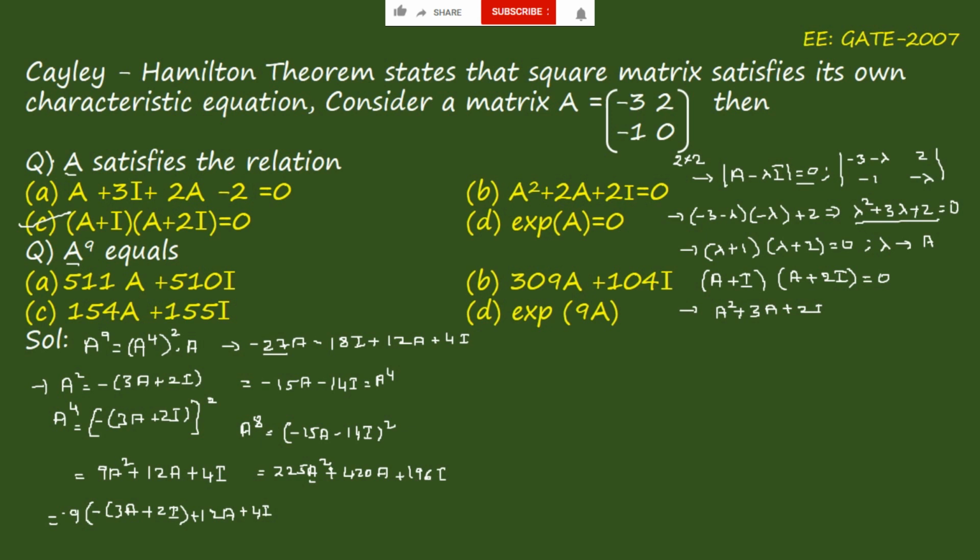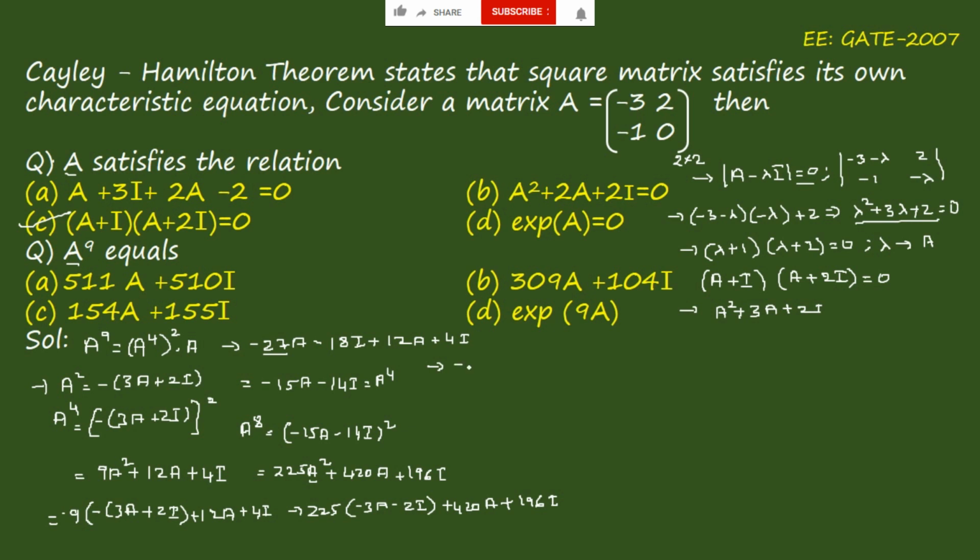But we know the A square value is minus of 3A plus 2I, right? So just substitute the values here. We get 225 into minus 3A minus 2I, plus 420A plus 196I, right?